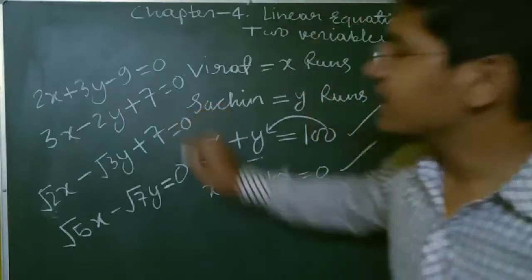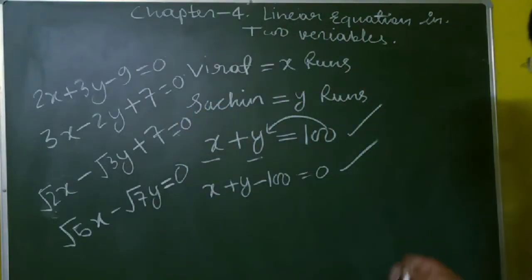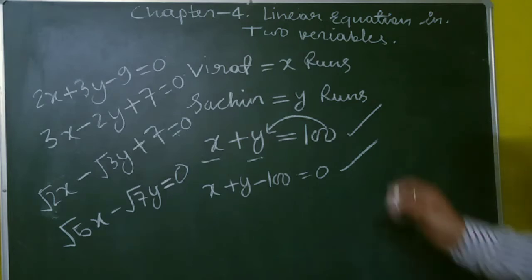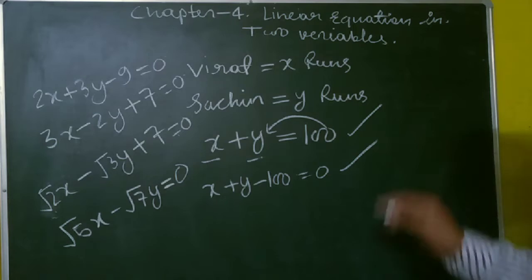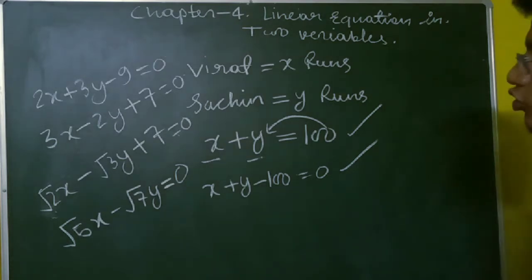Like this we can take so many examples. Whatever will be in our mind, we can assume it as an example. Okay, so these were the examples of linear equation in two variables.